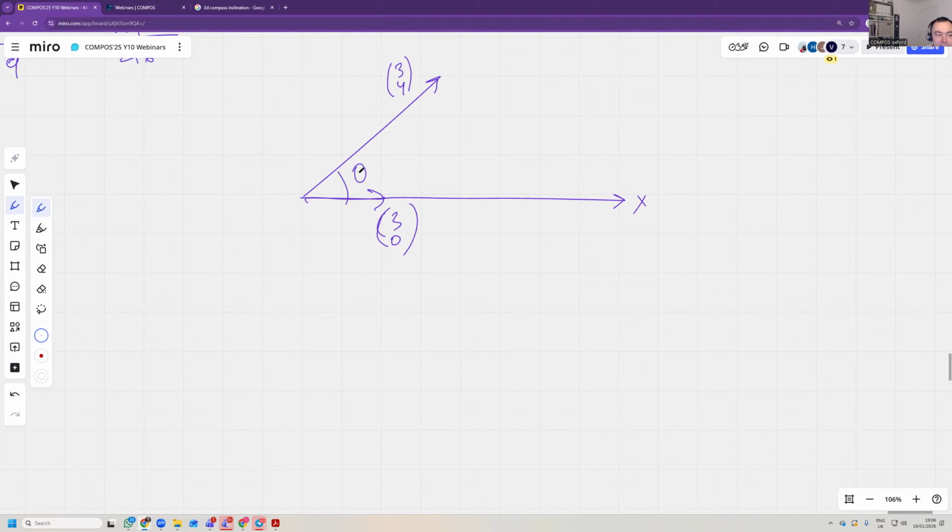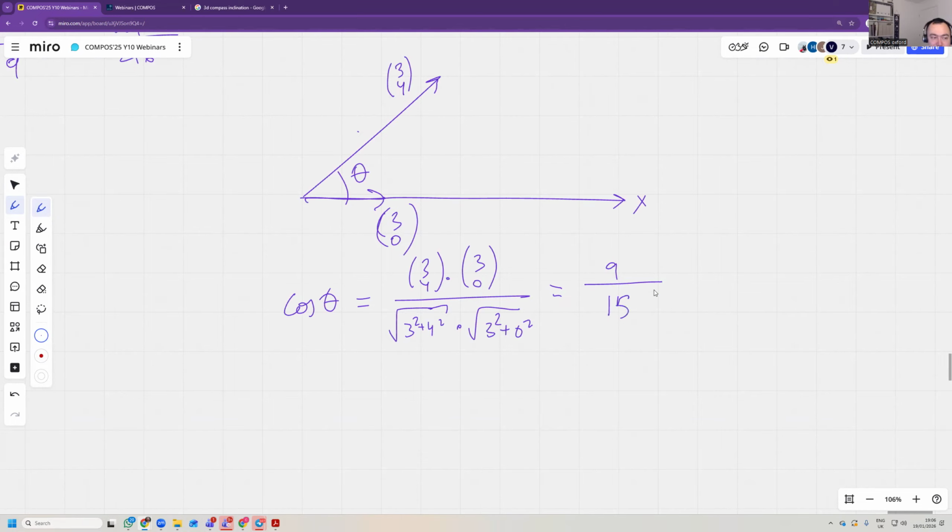And then to find the angle, cosine theta would be (3, 4) multiplied by (3, 0), divided by the length. The length of this vector is 5, square root of 3 squared plus 4 squared, multiplied by square root of 3 squared plus 0 squared. So that's 9 over 5 times 3, so 15.